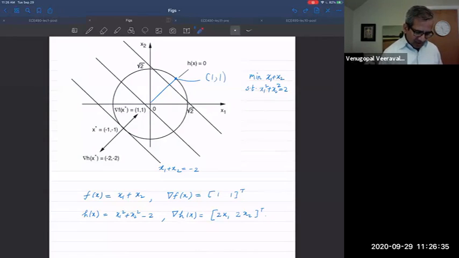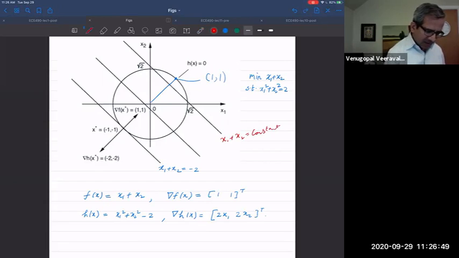So the lines that are drawn here correspond to x1 plus x2 equal to some constant. So this line, this line, and this line, I'm drawing all the lines that correspond to various values that the function can take, x1 plus x2 equal to something, and I'll get this line.